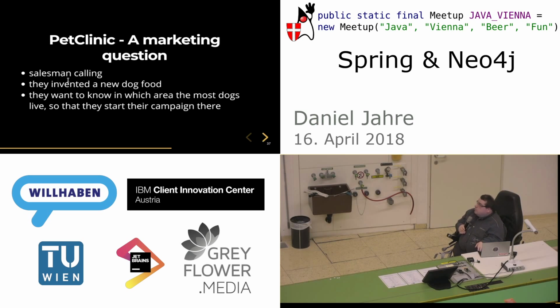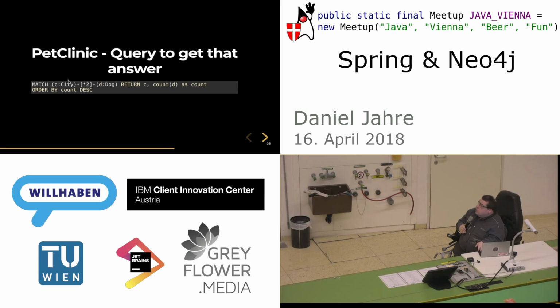And we can do that. With that query, what we are asking Neo4J for is matching all nodes that have the city label on it, and they should be connected to nodes that have the dog label on it.